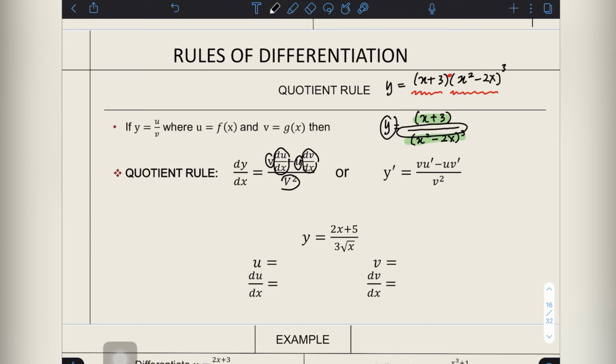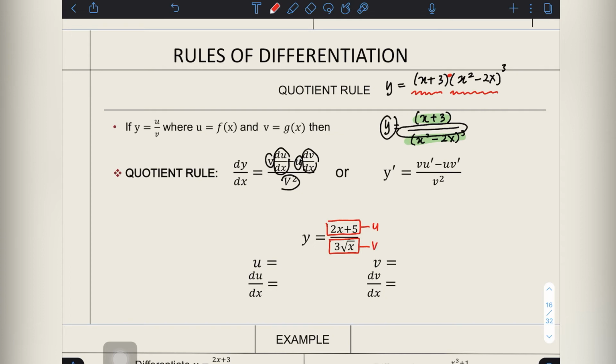We have y equal to 2x plus 5 divided by 3 square root of x. Now you have the first equation on the numerator, which will be denoted as u, and the second one below, in the denominator, separated by the process of division, we denote as v.